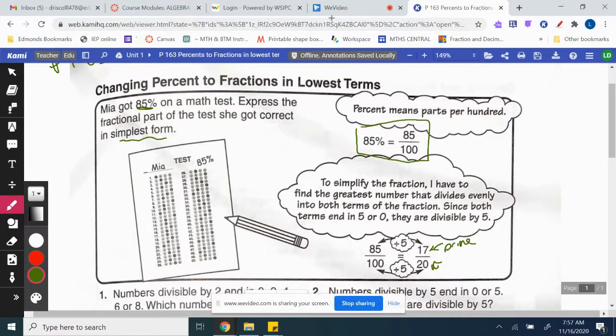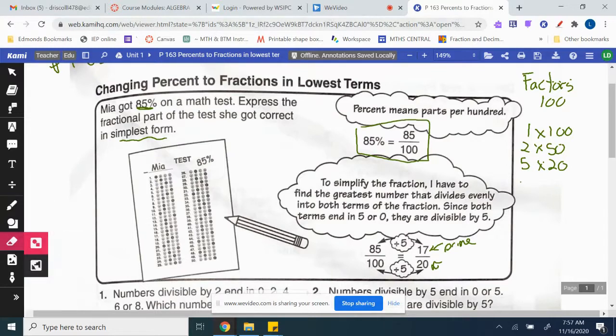So I'm going to put factors of 100 over here, and feel free to use it. So we have 1 and 100, 2 times 50, 5 times 20, 10, or sorry, I forgot one, 4, my mistake.